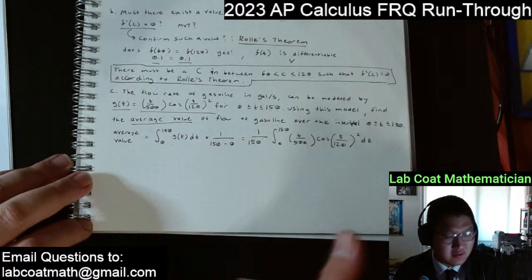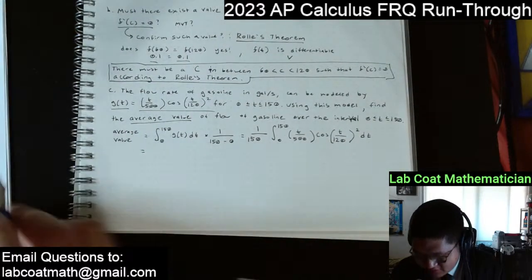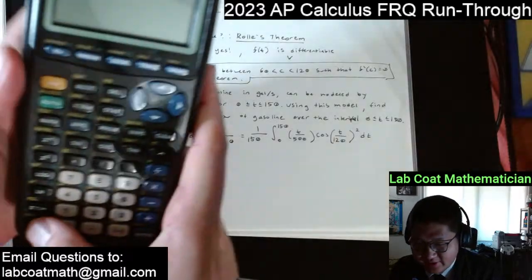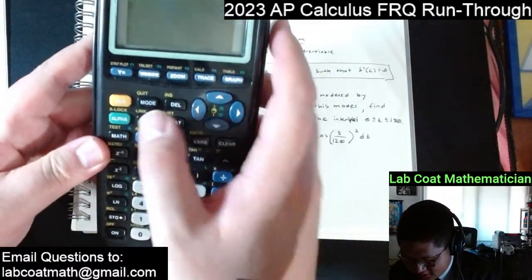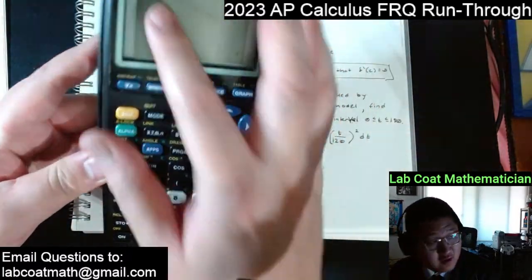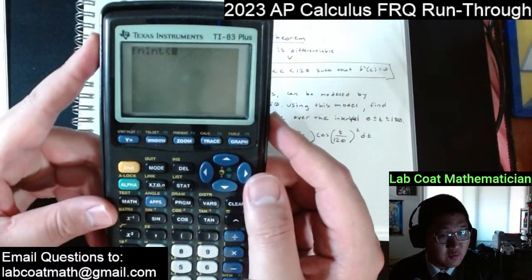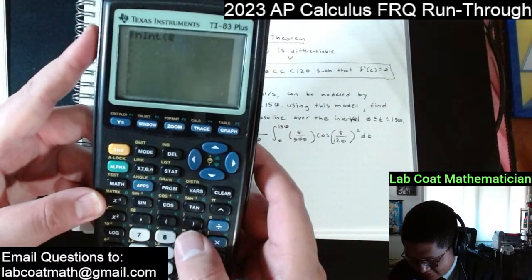Okay, so we can run this through our calculator and get a result for our average value equation. If we go ahead and use the function integral operation for this calculator, we can get everything set up here.